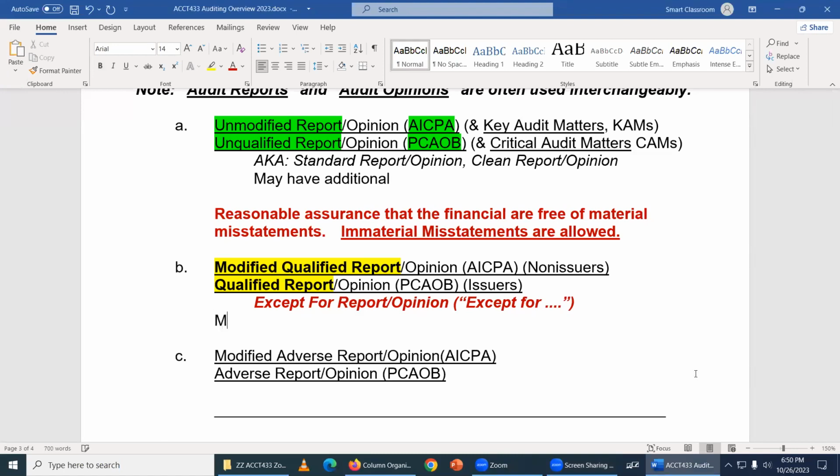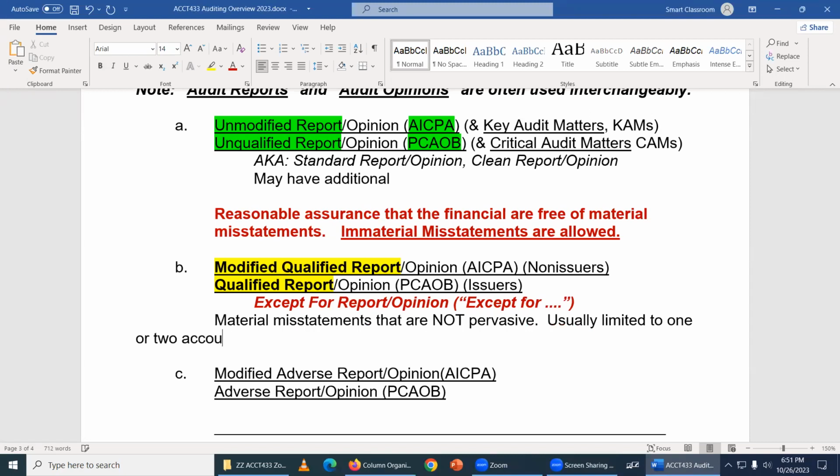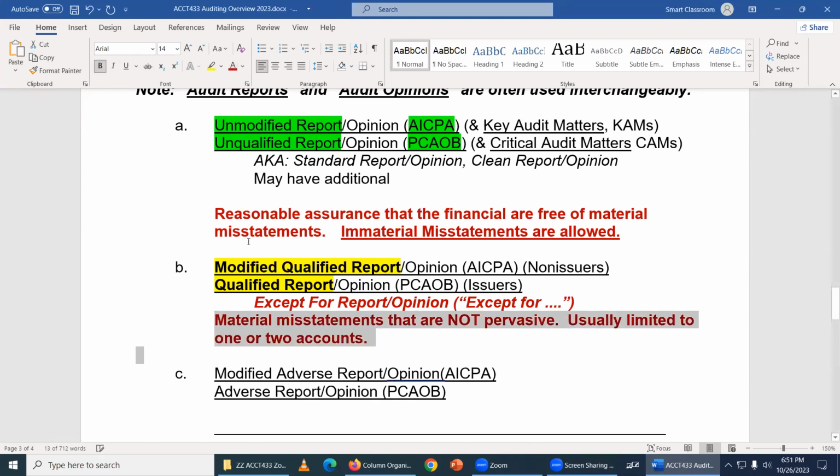Okay, so this is for material misstatements that are not pervasive, which is the AICPA wording, and they are usually limited to one or two accounts.